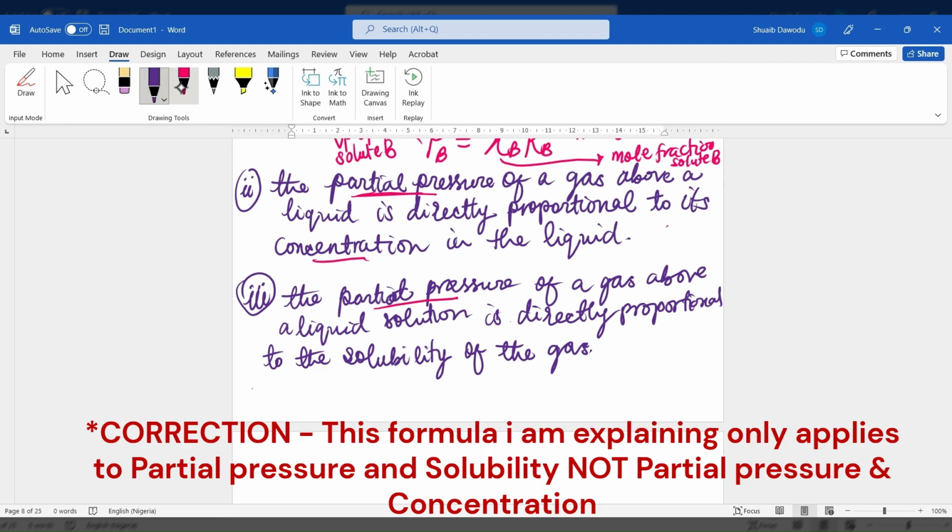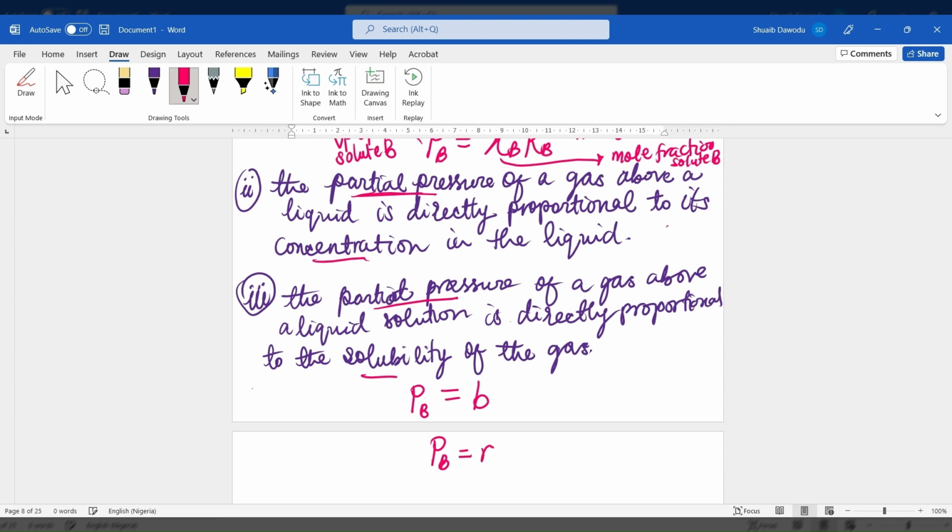And that formula is just simply P. So this is the partial pressure of solute B is equal to molality, which is denoted as B. Some formulas would say P sub B is equal to M sub B, where M is the molality, and B is the solute.